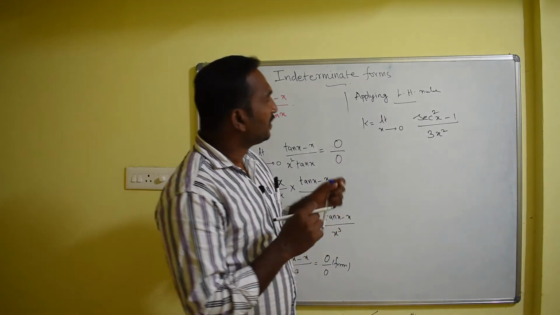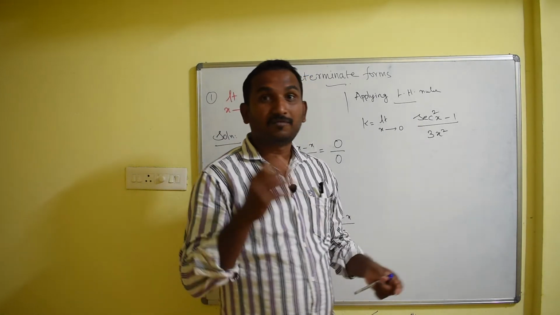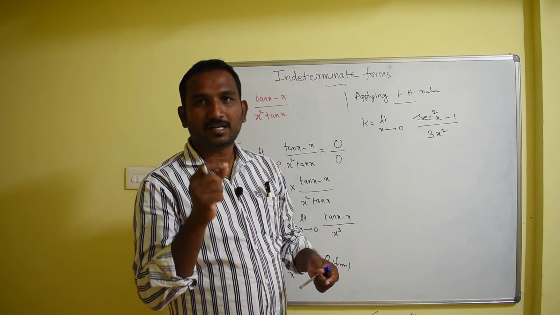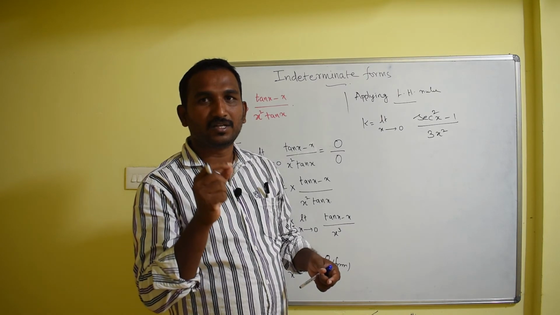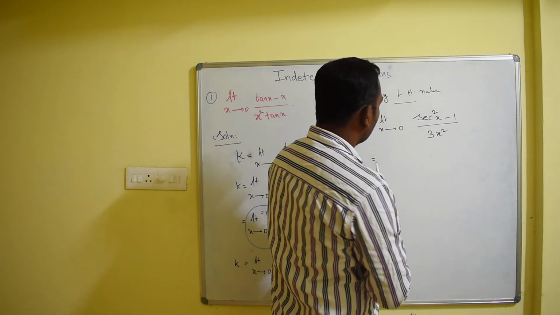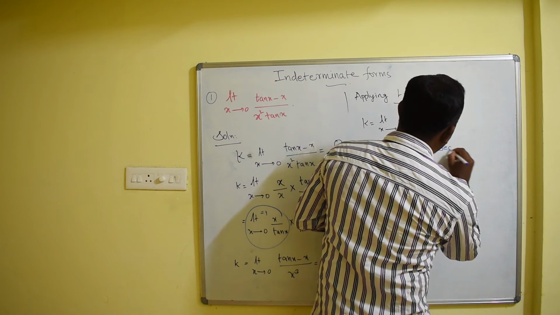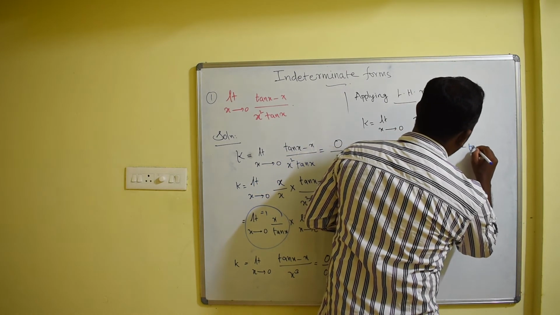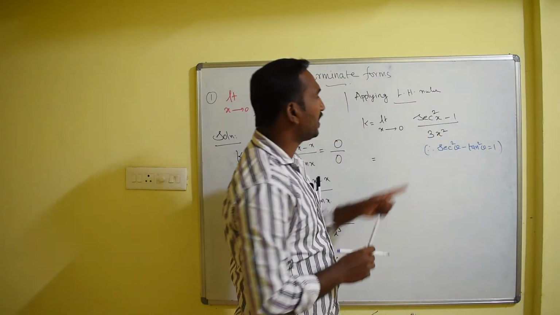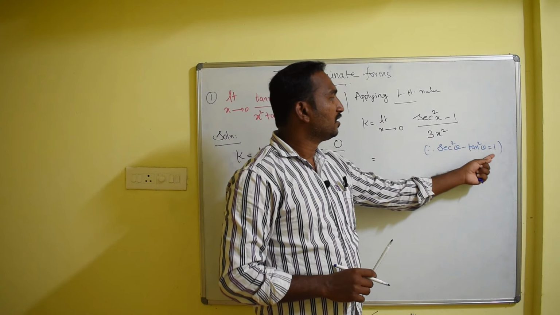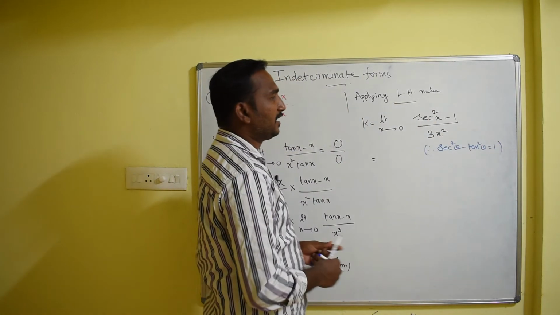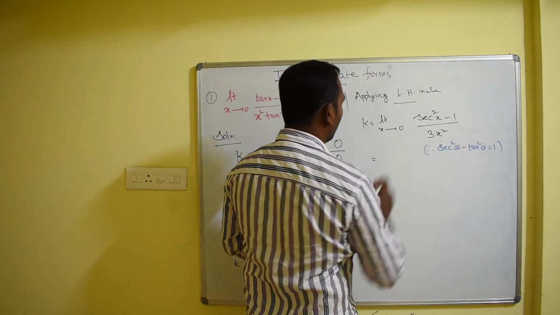L'Hospital rule. And the thing is, we already know the formula which involves tan theta and secant theta, that is secant square theta minus tan square theta will give 1. So using that formula, we already have secant square x minus 1, so bring this 1 here and tan square theta to the right hand side, so this term will become tan square theta.